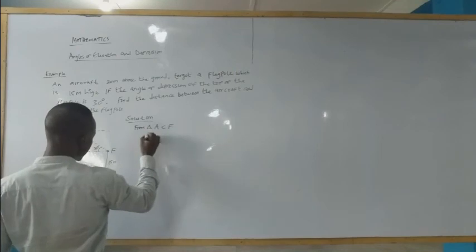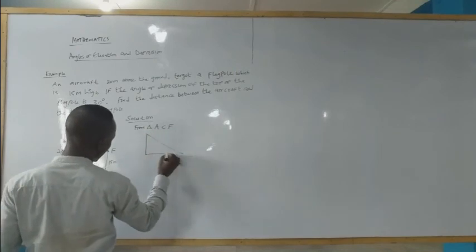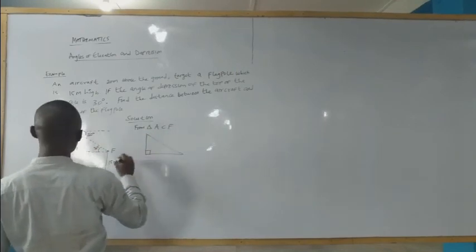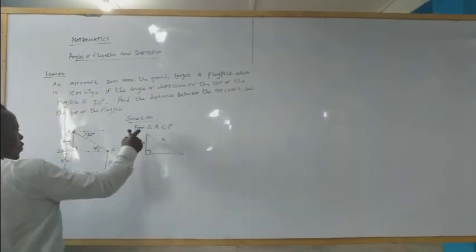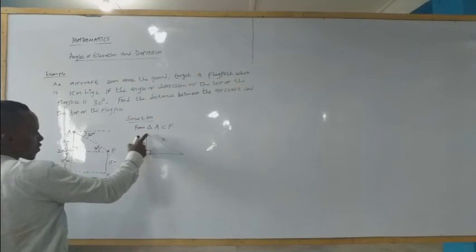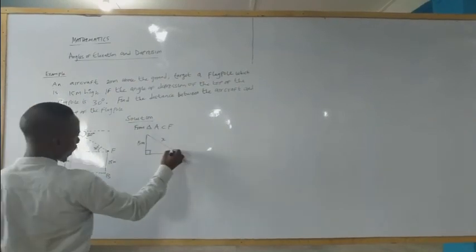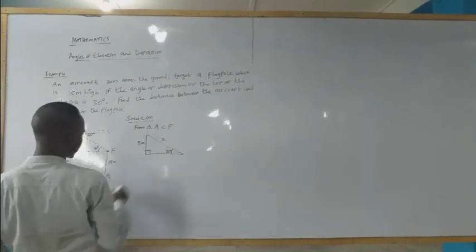So I have this. This is the angle, this is 5 meters, and this is what we are required to find: the distance between the aircraft and the top of the flagpole. And this is 30 degrees.